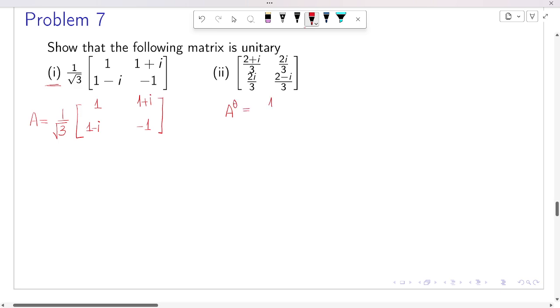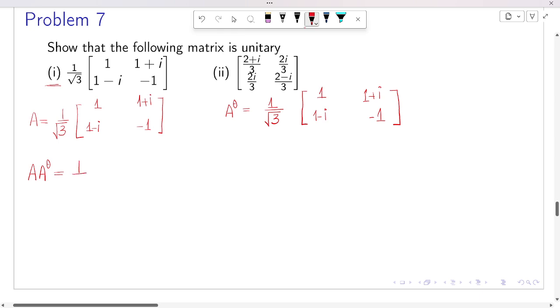And let us calculate A conjugate. A conjugate is 1 by root 3. Let us take the transpose and conjugate in a single step. So this is 1, minus iota, 1 plus iota, and minus 1. So this is A conjugate. Let us calculate A into A conjugate.